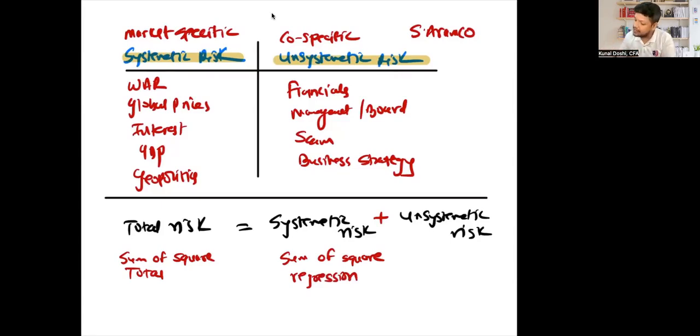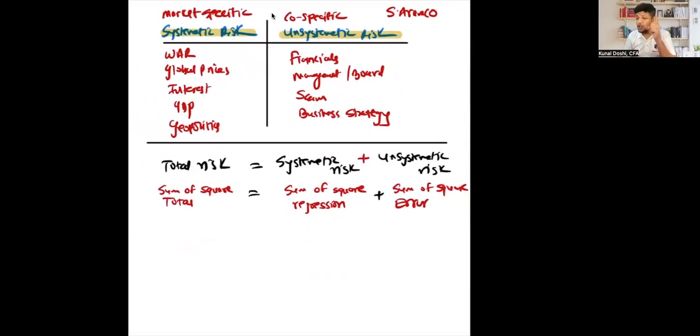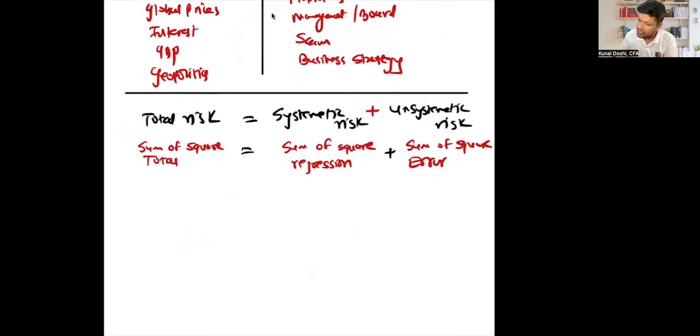And unsystematic risk is called sum of square error. Now, do you recollect what error is? Error is the unsystematic risk. By the way, there is a short form for this. These are called sum of square total, sum of square regression, and sum of square error. These are the statistical names for what I discussed.